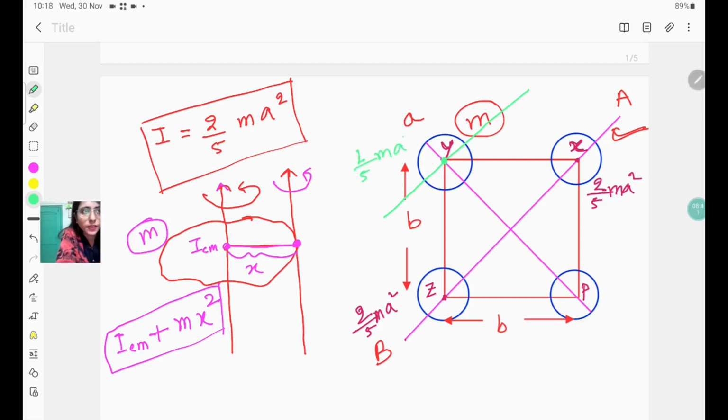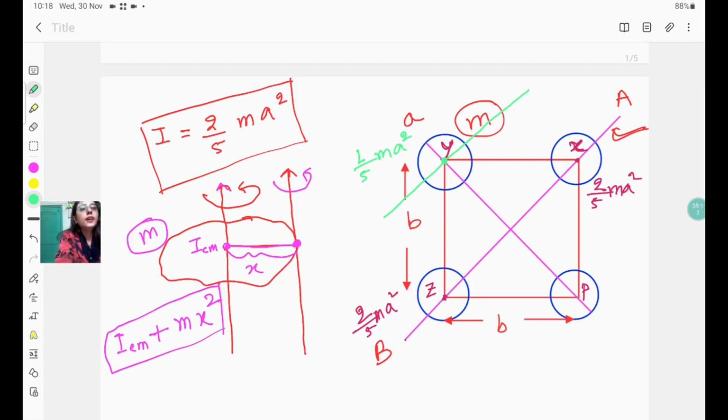But we need to find the moment of inertia of this sphere about an axis which is the diagonal of the system, that is this one, this AB. We have to find the moment of inertia of this sphere y about the diagonal of this body. So what will we apply here? We will apply here also the parallel axis theorem.